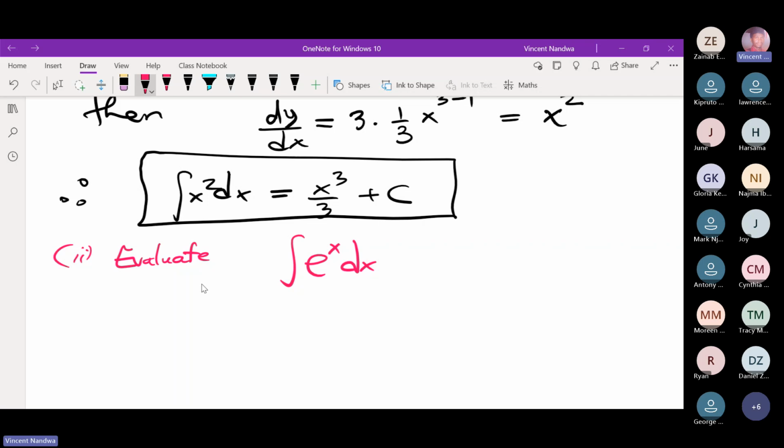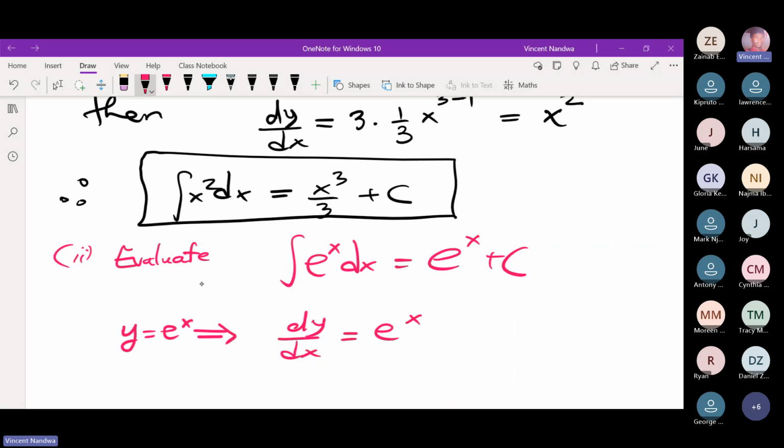Which function will that be? e power x plus c. Recall that if y is given by e power x, then dy dx is given by e power x. So the family of all functions whose derivative is e raised to power x will simply be e raised to power x plus a constant c.